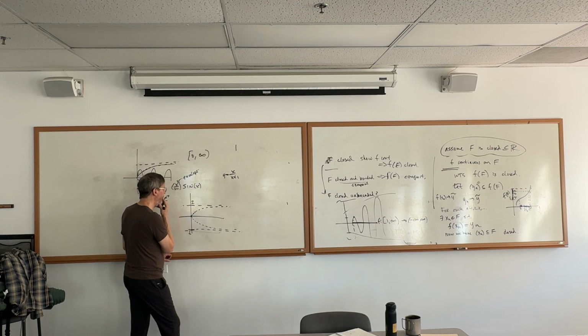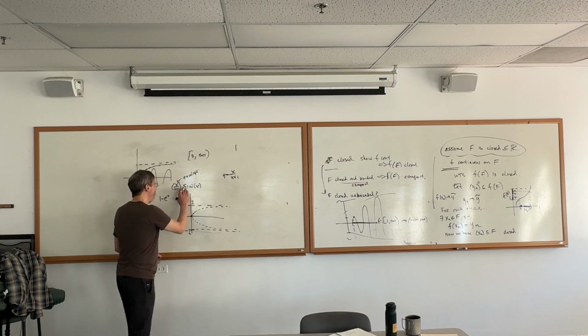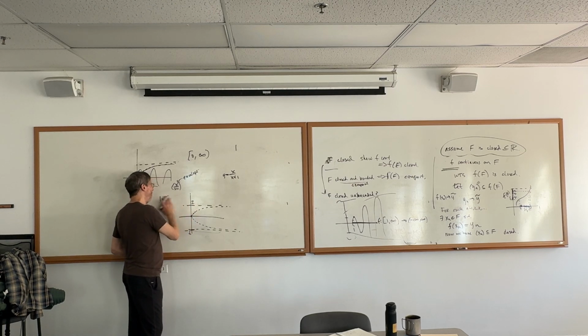Would you be able to take the sine out? Like, could you do it a little bit simpler? Like -1 to the x times x over x plus 1.